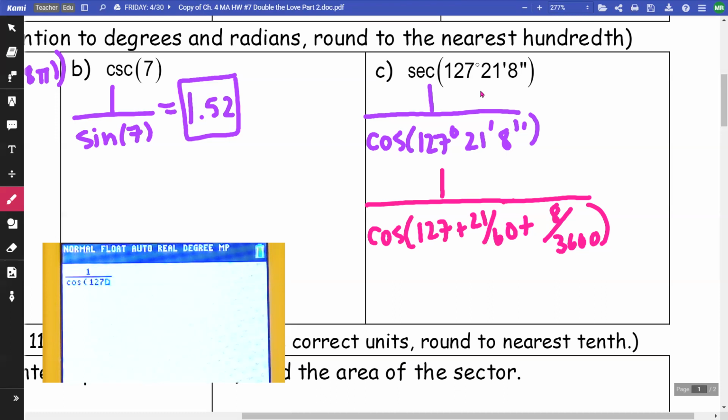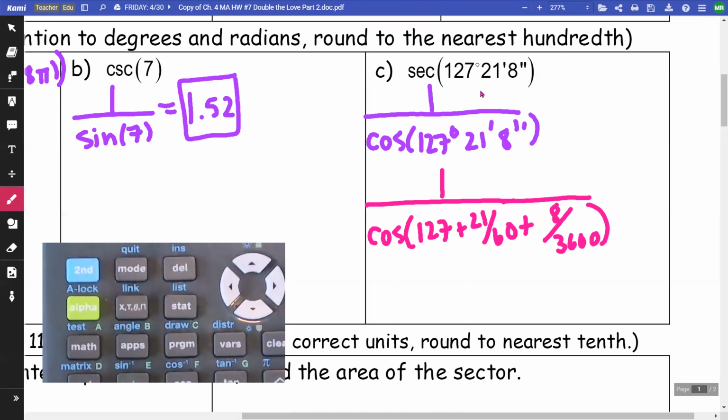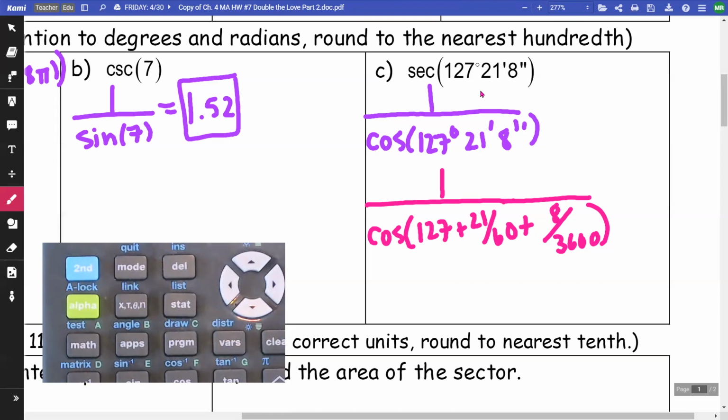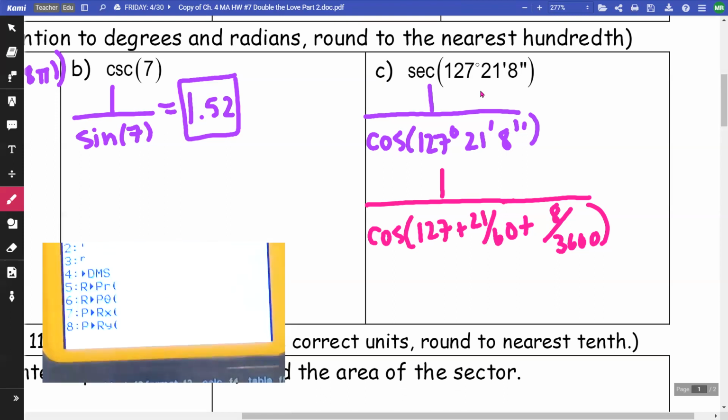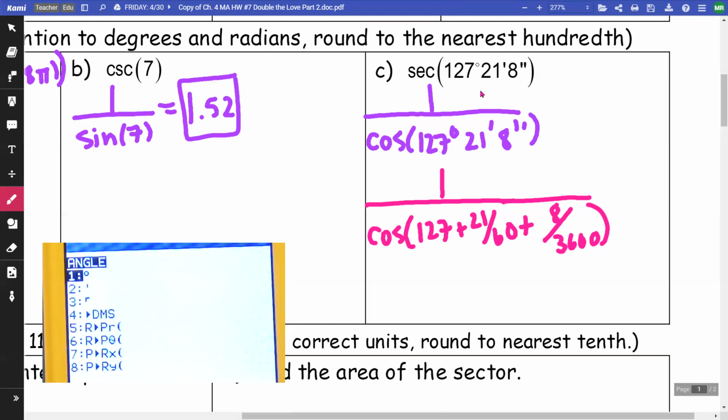To get to my degrees, I'm not going to use alpha, because I want the blue. I want angle: blue second and angle for apps. Here is where my degrees and minutes are.